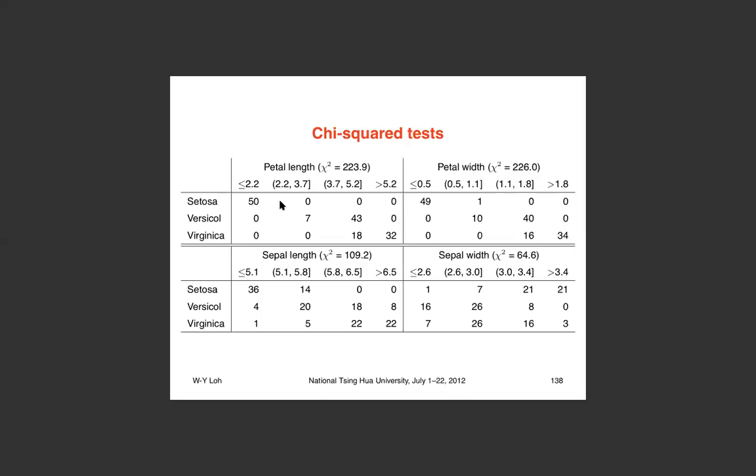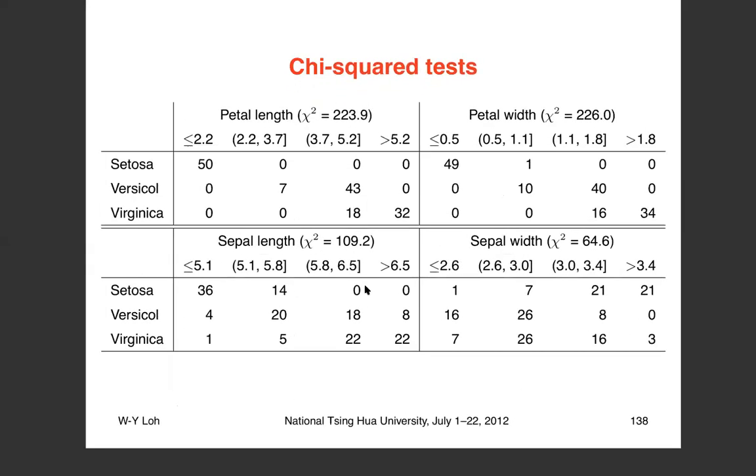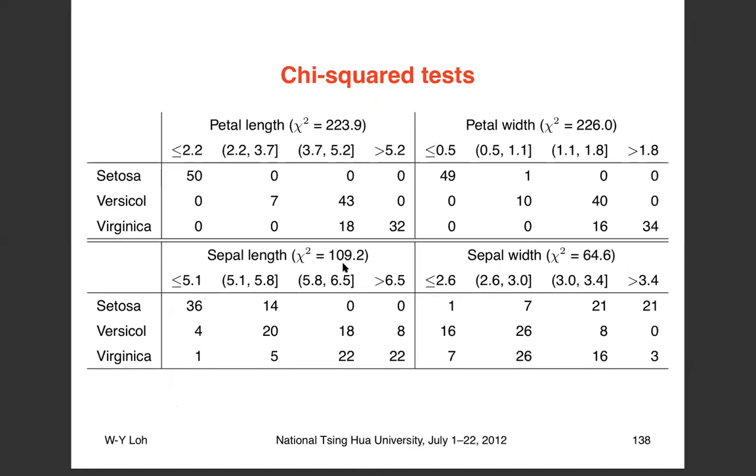Okay, can you see the slides? Yes. So this is an example of applying those criteria just now, of splitting, because you can always categorize continuous data. This is the way you partition. This is the classical iris data set.